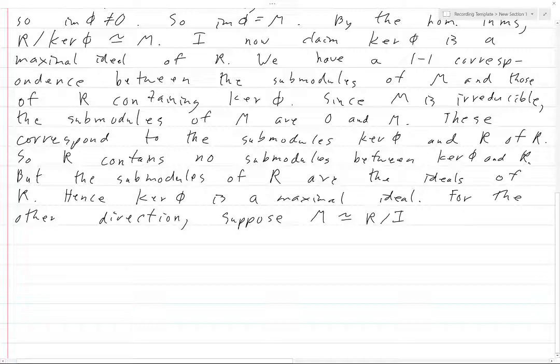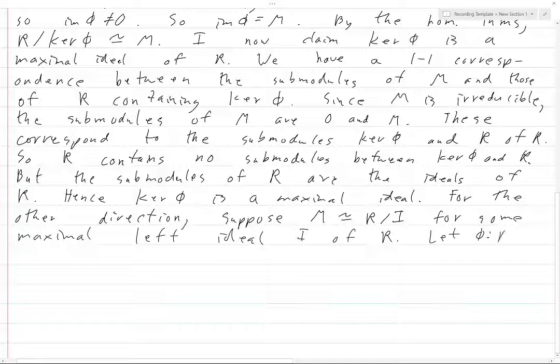So R mod I here is a left R module, for some maximal left ideal I of R. Let phi from R to R mod I be the natural homomorphism.